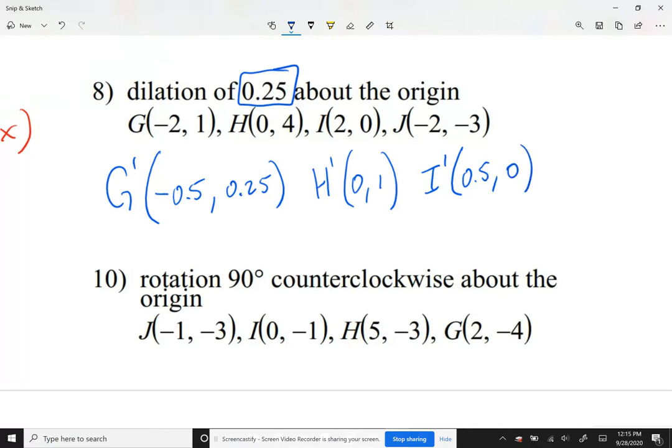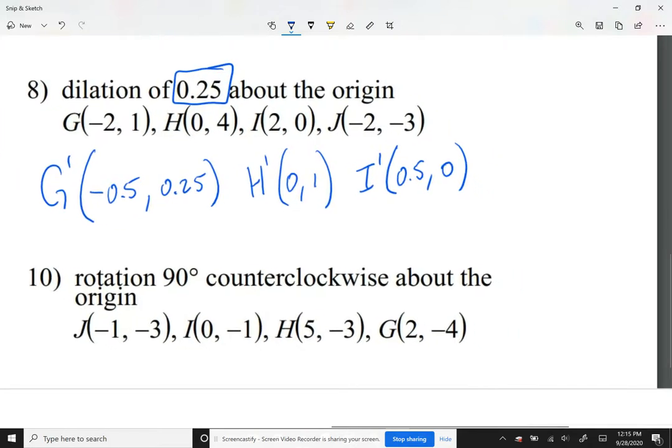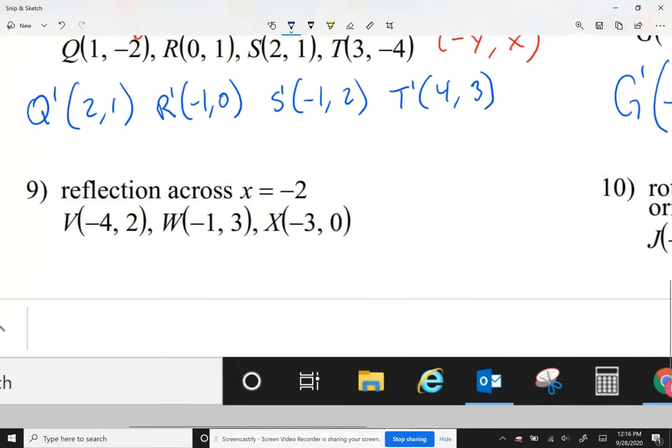Next, I'm multiplying each number times the scale factor. In this case, 0.25. And lastly, let's take a look at J prime. That's going to give me negative 0.5 and negative 0.75. I multiply each by the scale factor. That's on dilation.